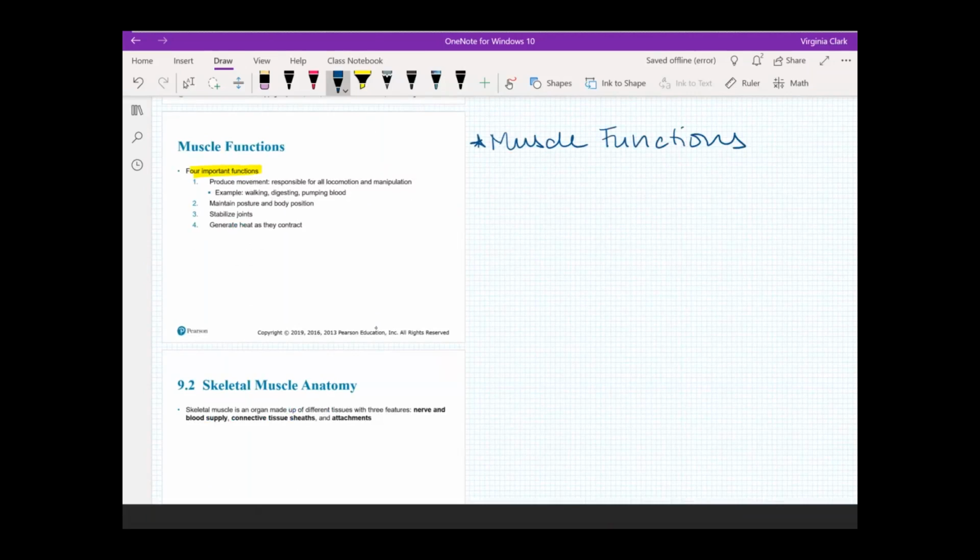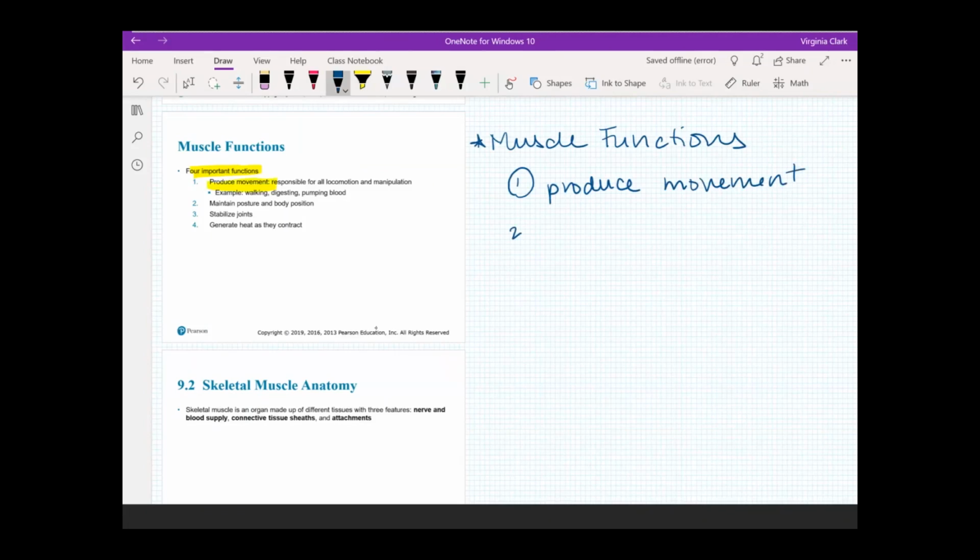So the overall functions of muscle. The first one is going to be to produce movement. When we're talking about skeletal muscle, we are moving our bones or our skeleton. But when we're talking about smooth muscle, we're going to be moving blood through our system, and we can be pumping blood through our arteries and our veins. But either way, muscle is producing some sort of movement.